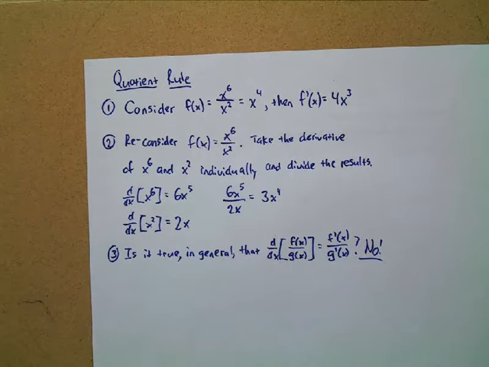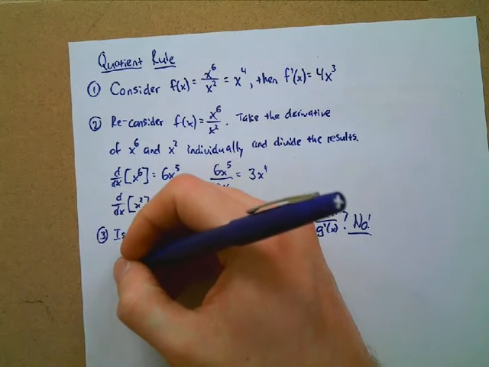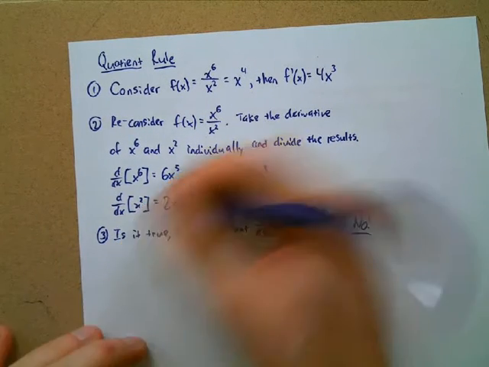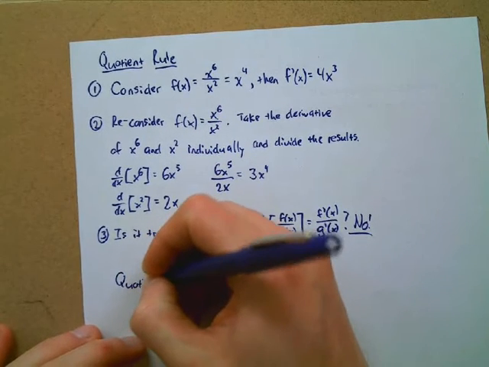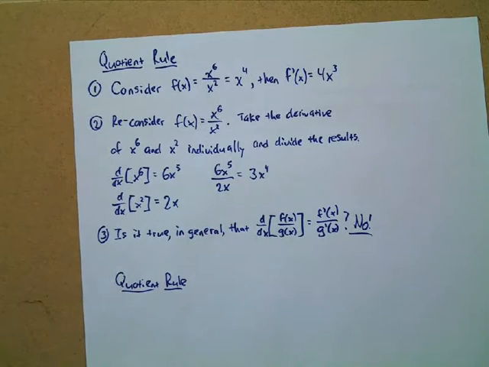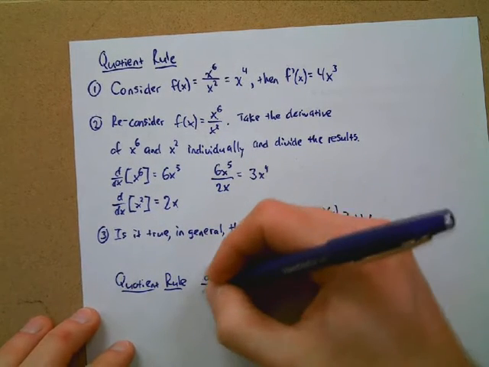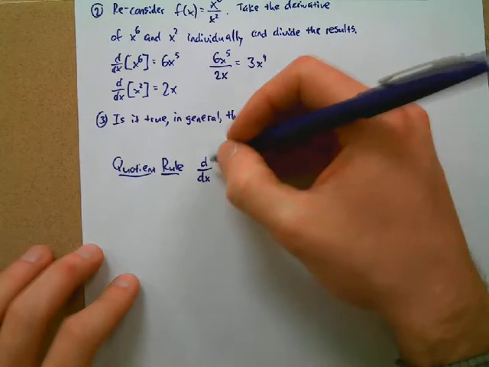So is there a relationship here? And the answer is yes. There is a way to simplify a quotient, or to do a quotient without actually doing that. So the quotient rule for a derivative. Okay, the derivative, excuse me, with respect to x, okay, of a quotient. So we'll just do a generic kind of f of x over g of x thing.